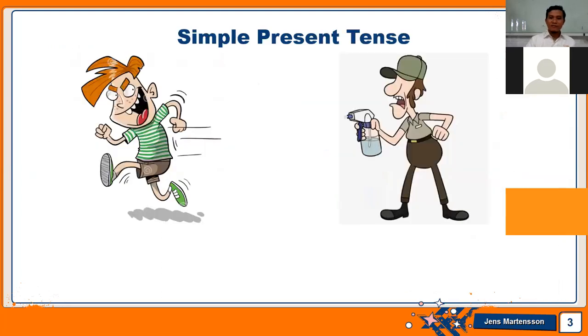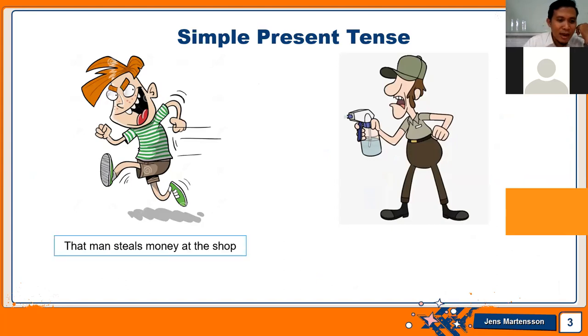Okay, before going further, we're going to talk about simple present tense. So look at this picture. That man steals money at the shop. Is that simple present tense? Yes, this is simple present tense.